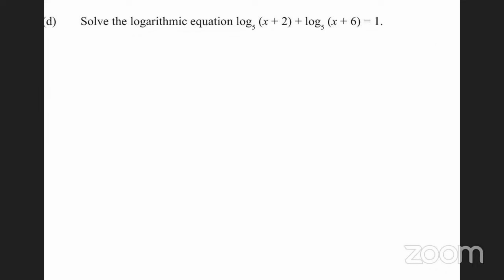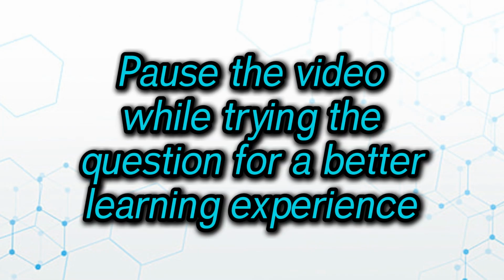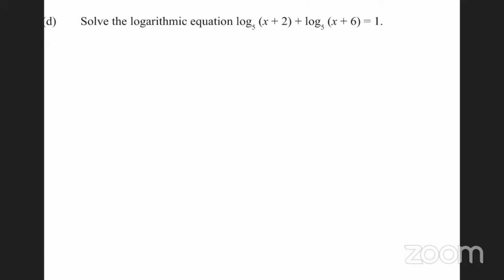All right, last one, the logs, and we're done. Right, so apply the rules quickly. Log 5, addition means multiply. And 1 is really log 5. Right, chop off the logs.